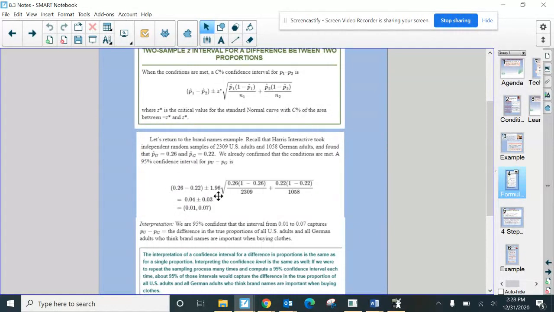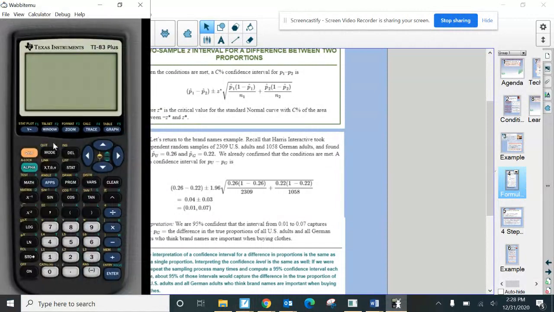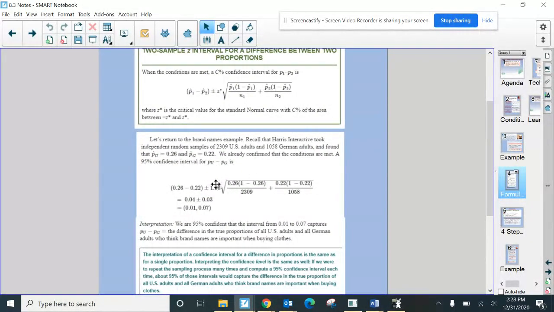And then 1.96, remember, comes from doing an inverse norm: it was a 95% interval, so half of 5%, with a mean of 0 and standard deviation of 1. There's where that 1.96 comes from. And then times the square root of p times 1 minus p divided by our sample size for the United States, plus p times 1 minus p for your German sample divided by the total in that sample.